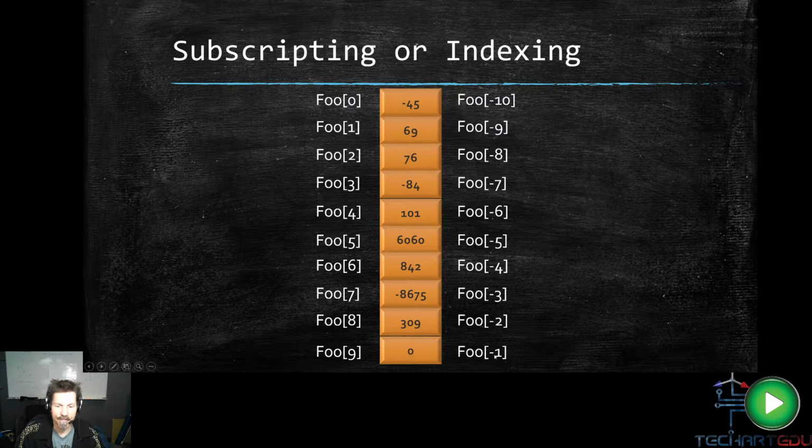If we were to go to -1, that would be the very last one, because remember, the 0th one would be the first. -1 would be the last. -2 would be the second last. -3 would be the third last, and so forth all the way down the line. Notice that this goes from -1 to -10 in a bit more of a logical sense.